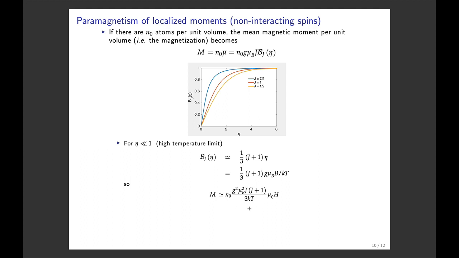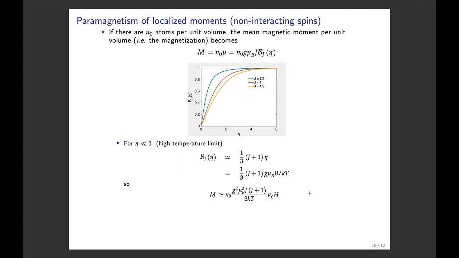But anyway, what you can see is that in the high temperature limit, the magnetization is inversely proportional to temperature and proportional to the magnetic field, or H here. Well, I put mu naught H here for B. And the constant of proportionality can be found. It's also proportional to the spin squared, J times J plus 1.